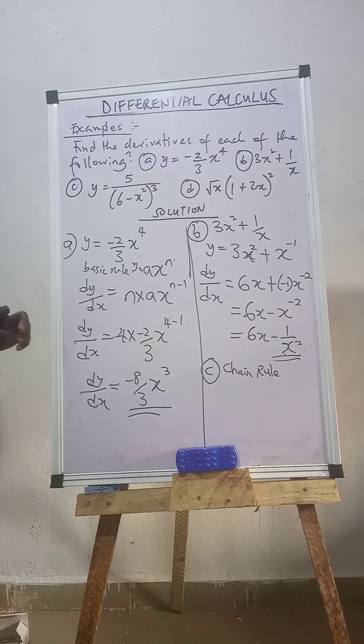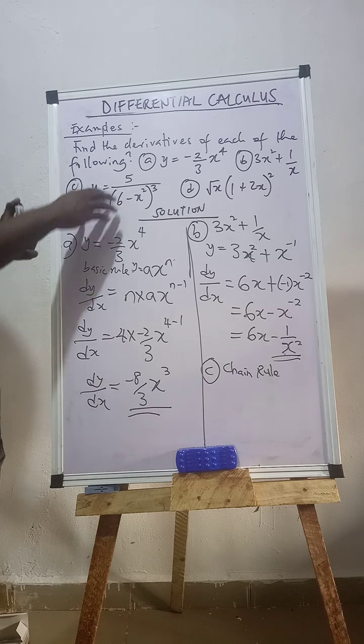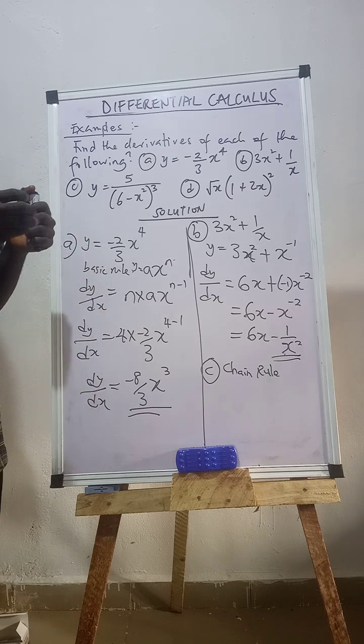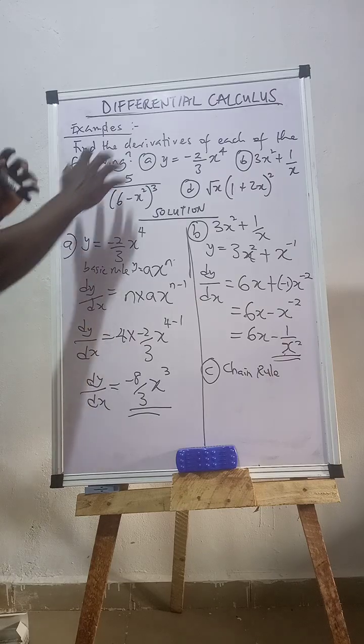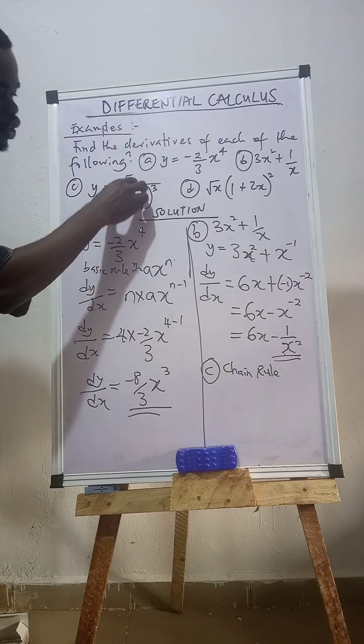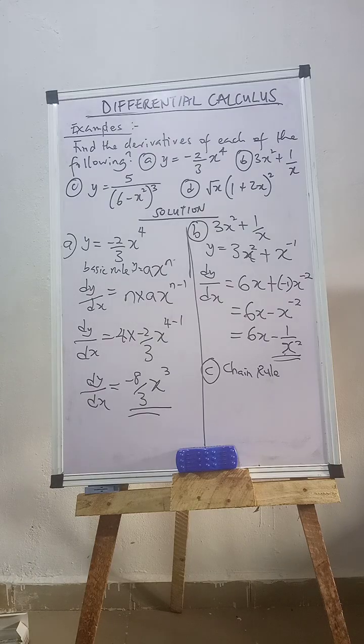The chain rule means that whatever is inside another value, you first of all differentiate it individually, that's from the top, before you now differentiate the one inside. So you differentiate the top and you differentiate the one inside. What's the rule for the chain rule?